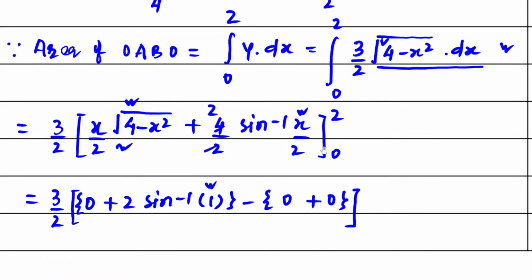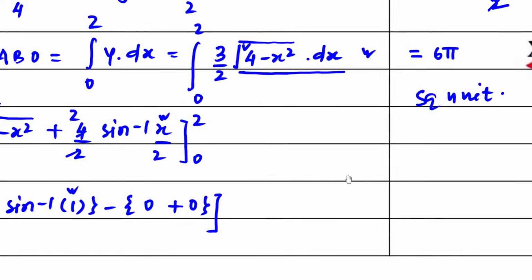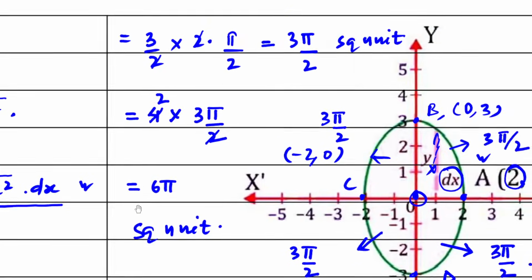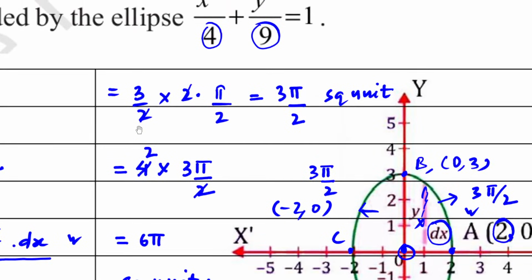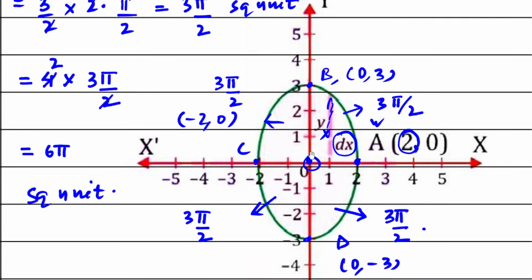After putting the value of lower limit and higher limit, we get this one. After the simple calculation, we get here 3 by 2 into pi by 2. We cancelled out 2, then we get 3 pi by 2 square unit. So this is the area of OA, but will be the same.